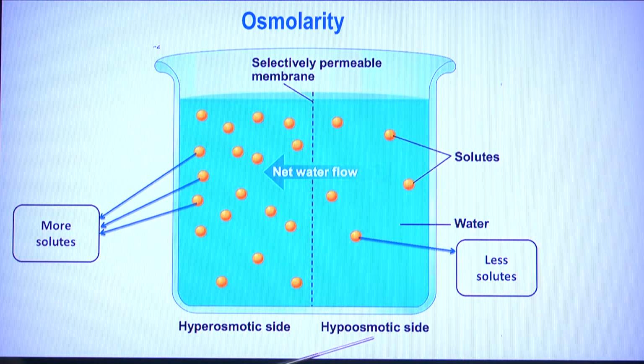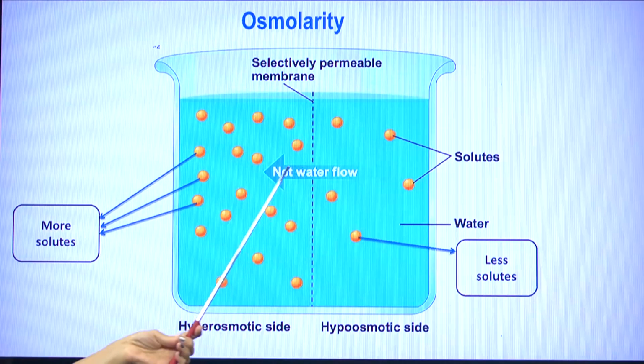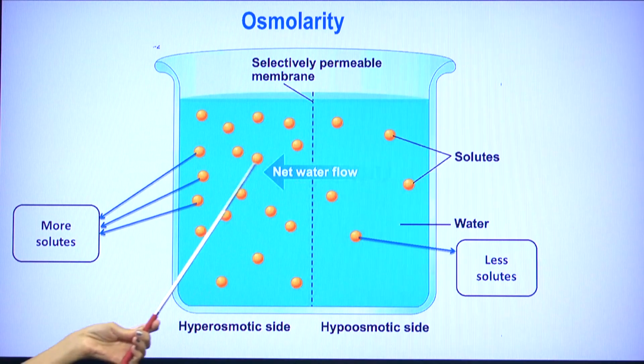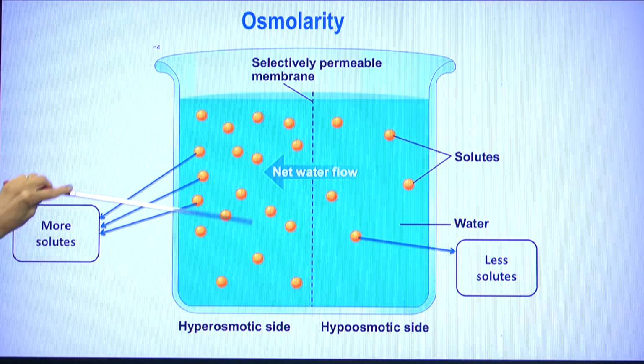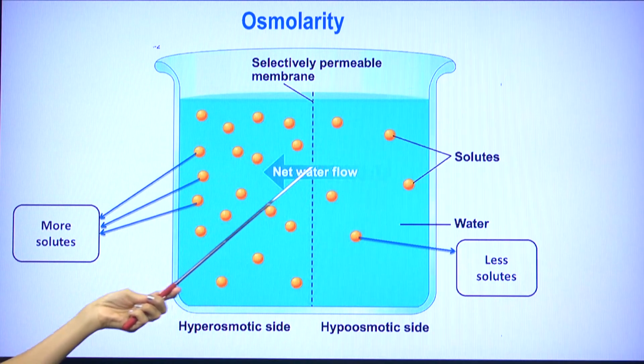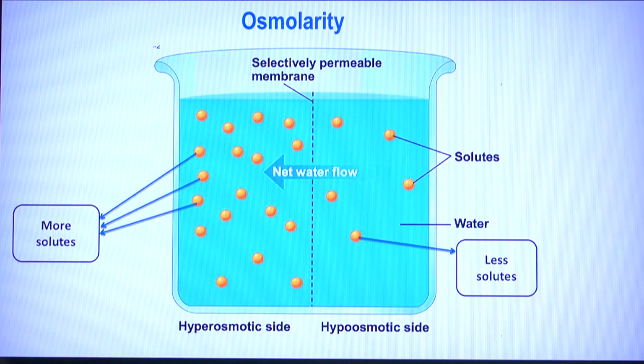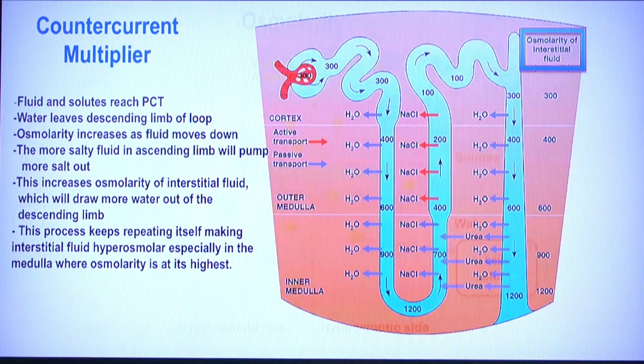It has lower osmolarity. And the most important concept here to remember is water will always be pulled towards the solutes. So anytime I have a hyperosmolar fluid, this will pull the water towards it.